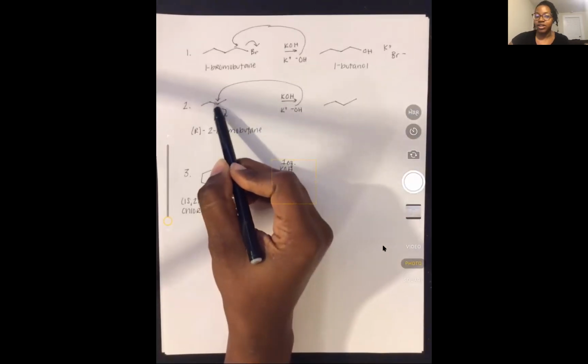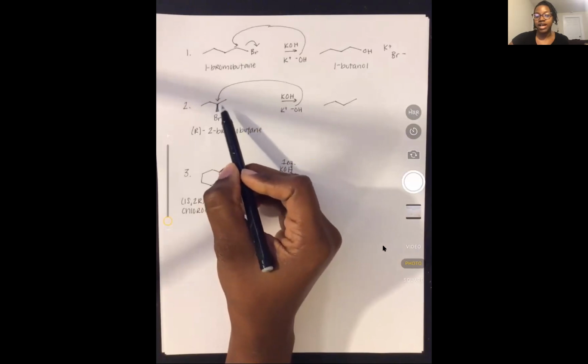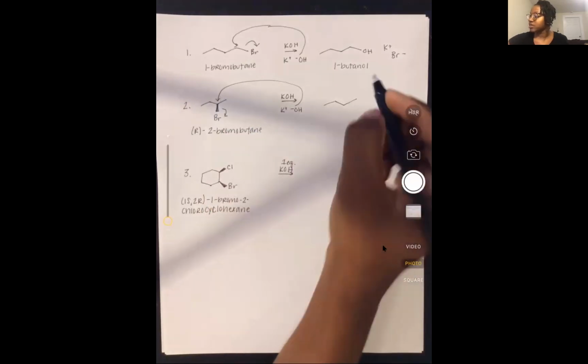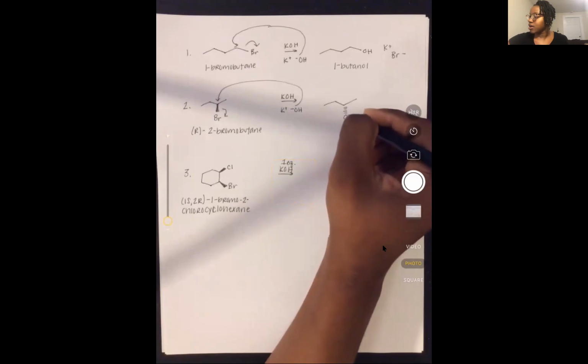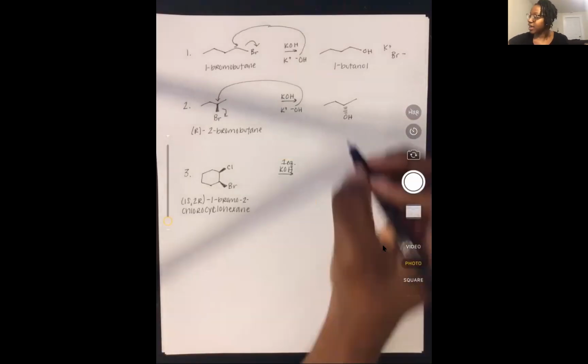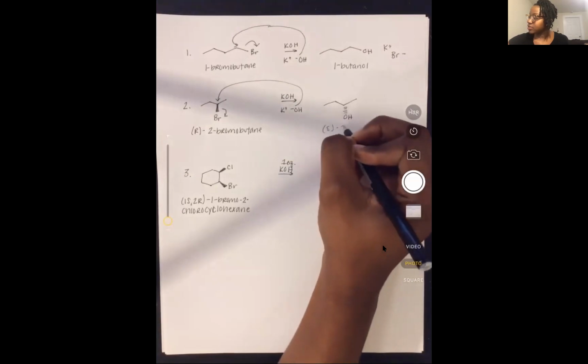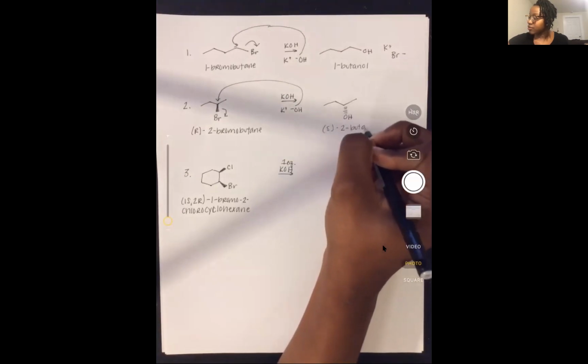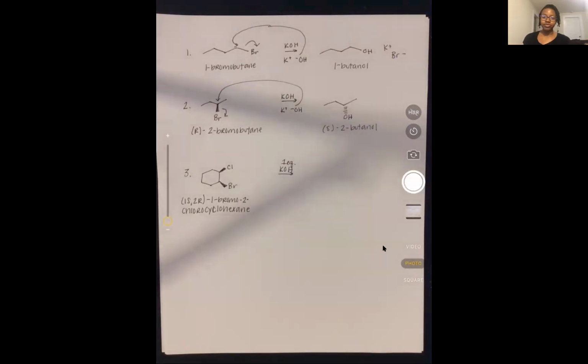Because this is a stereocenter here, and Sn2 reactions have inversion of the stereocenter, our product is going to end up on a dash. In this case, we have S-2-butanol. The stereochemistry has changed from R to S because of inversion of the stereocenter as a result of the 180-degree attack of this Sn2 reaction.